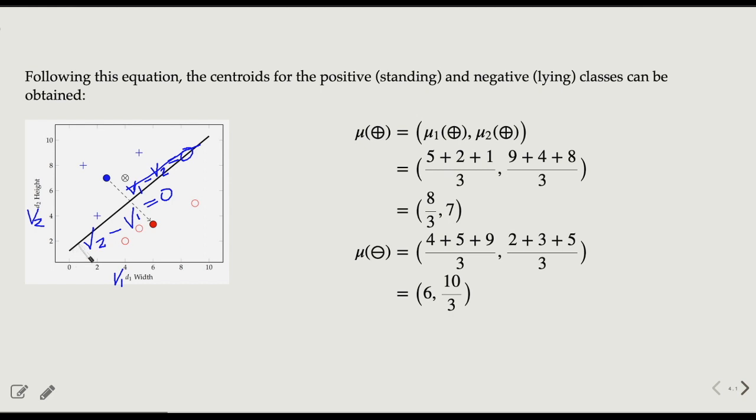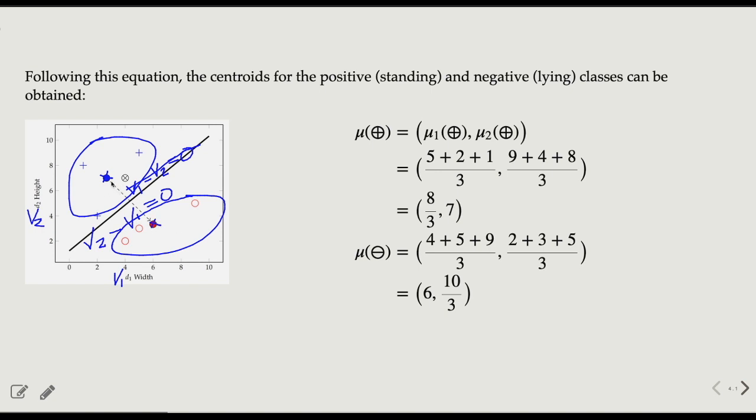And to identify this linear function, this straight line on a two-dimensional space with two variables here, the between-centroid strategy is to first compute the centers of the blue class, the positive class, and the centroid of the red or the negative class.